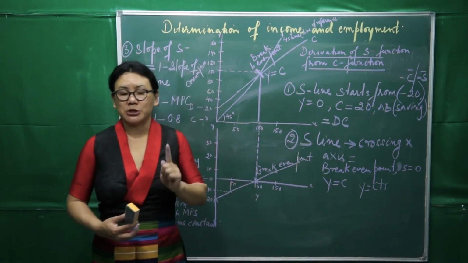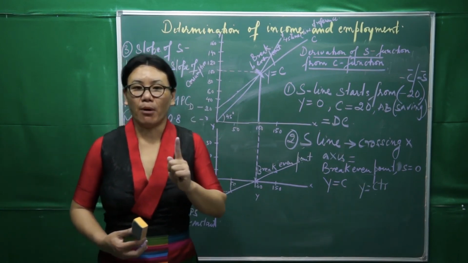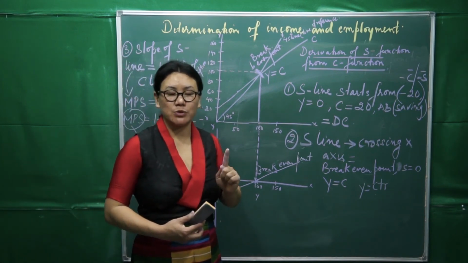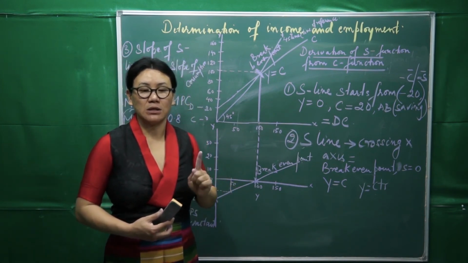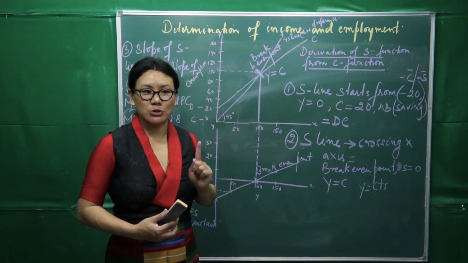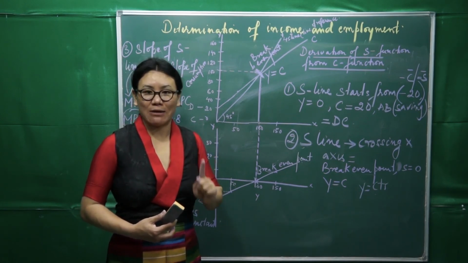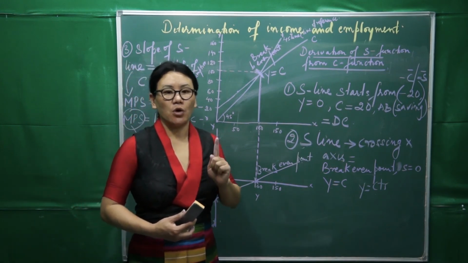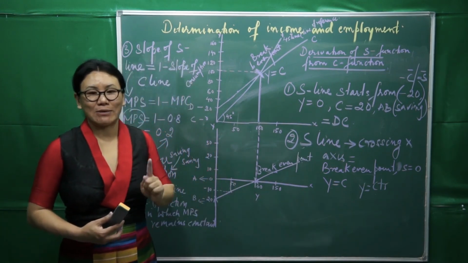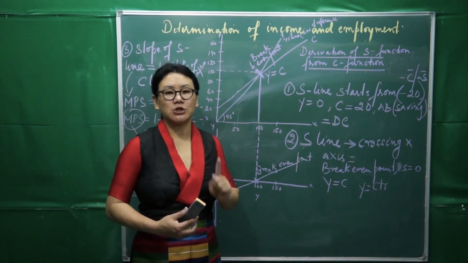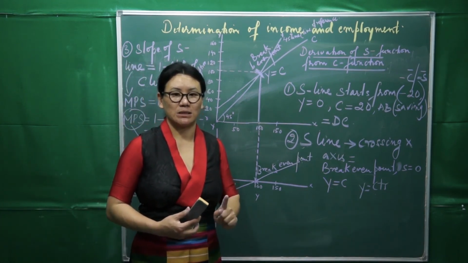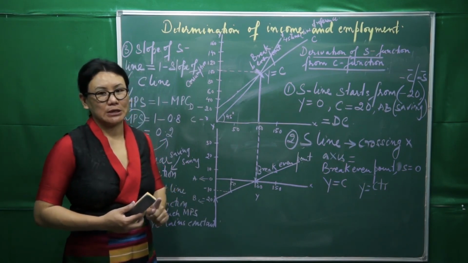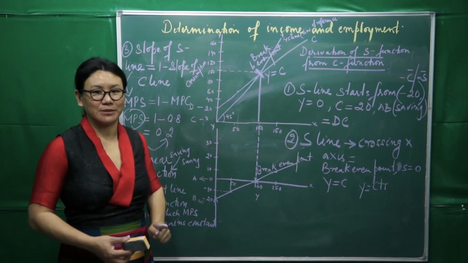In the observation, one thing which is very important is the shape of the S line, which we are getting as a straight line. So a straight line saving line has a constant slope, I said. So this straight line saving function is shown by MPS. So MPS has to be constant, and we got MPS constant.